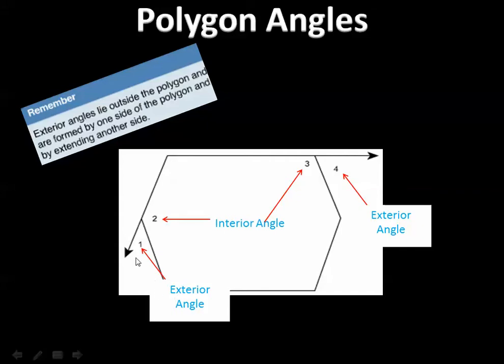So it created this exterior angle right here, angle 1, which is an exterior angle. They also extended this top side, and that angle is angle 4, and it also is an exterior angle. And then 2 and 3 are interior angles.